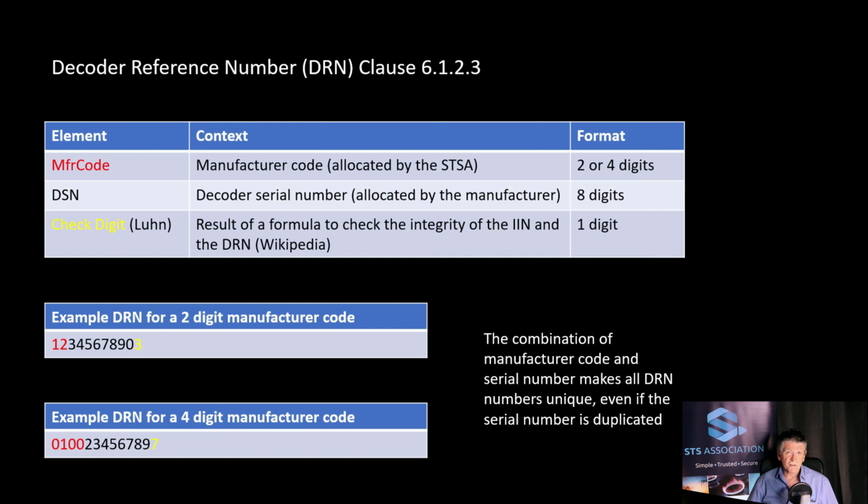Then you have the check digit once again, which is a result of a Luhn formula, and that's a single digit. Please note that the combination of manufacturer code and serial number makes all DRN numbers unique, even if the serial number is duplicated between manufacturers. And that's because the manufacturer number at the beginning limits that sequence of numbers per manufacturer.